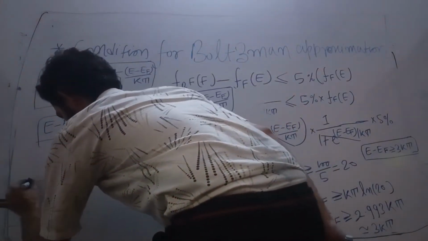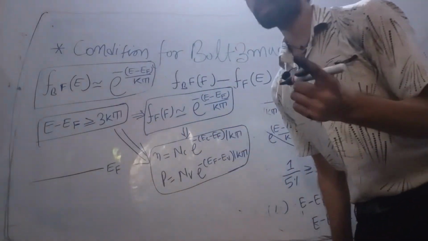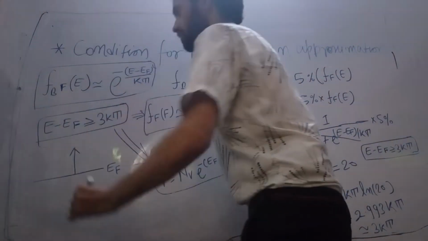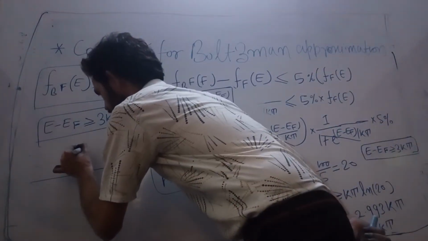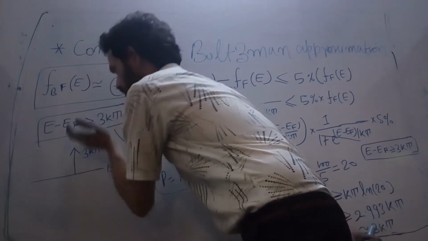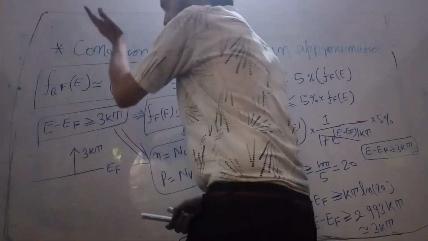This means, see here, this is my Fermi energy level. How much above do I have to go? I have to jump 3 kT above EF.